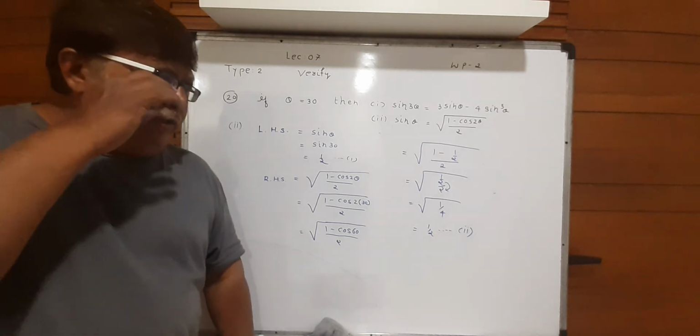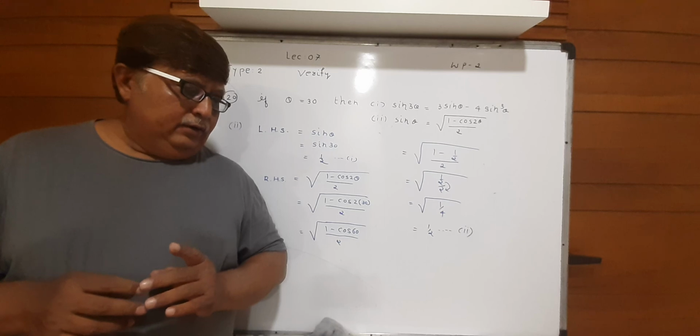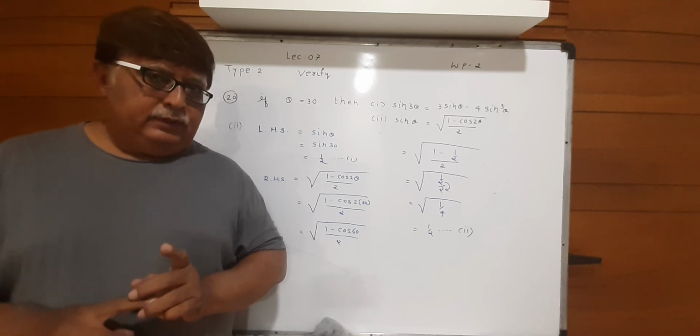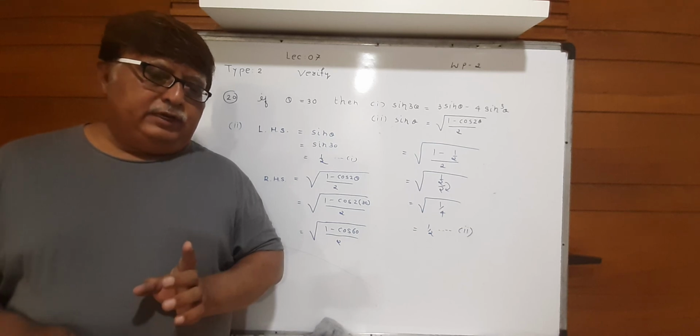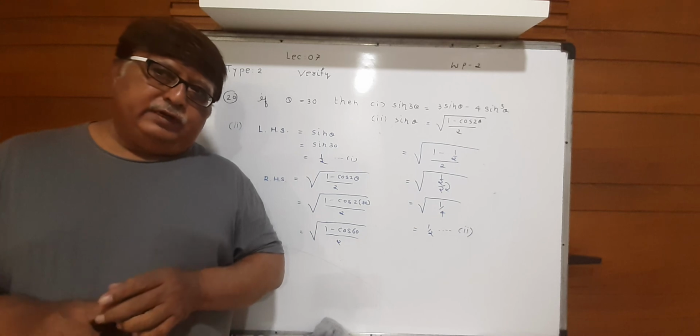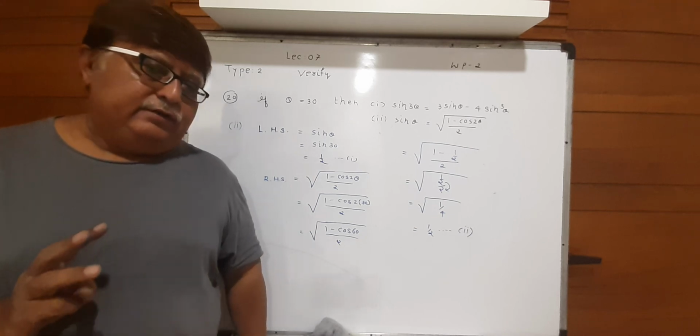Okay. So dear student, as far as type 2 is concerned, like in type 1, we have allocated 5 lectures. As far as type 2 is concerned, we want to allocate 3 lectures.